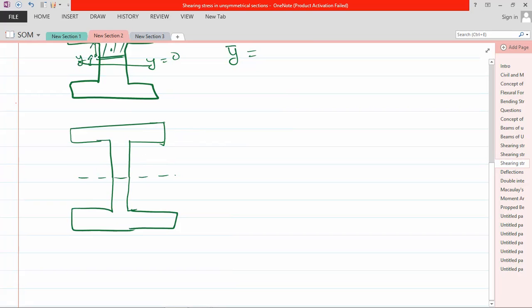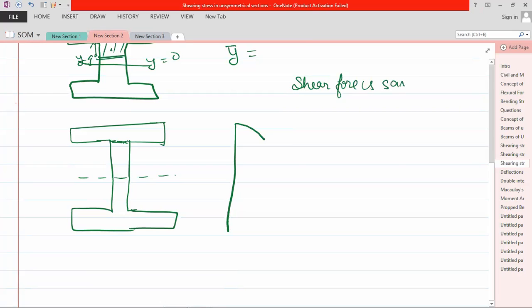So just as I explained before, for the rectangle it is parabolic. So if I take this as a line and I draw, it is like parabolic. Now at this junction, shear force is same, but stresses are different.